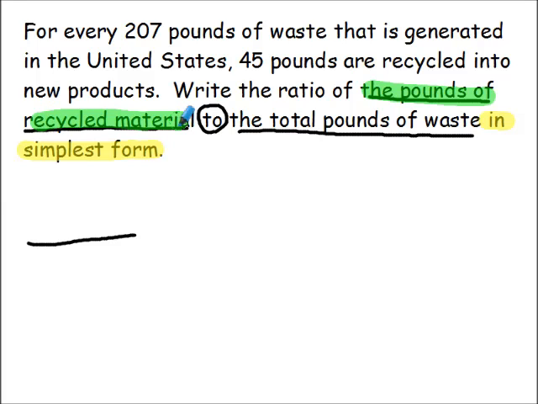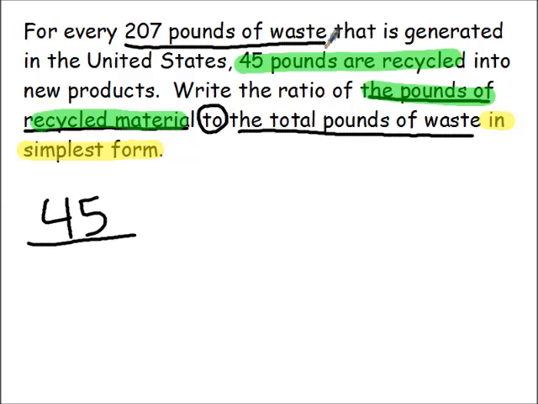The pounds of recycled material are 45 pounds. So we'll start with 45. And then it says to the total pounds of waste. Total pounds of waste are 207. So 207 will go on the bottom. And don't forget, we need to do that in simplest form.